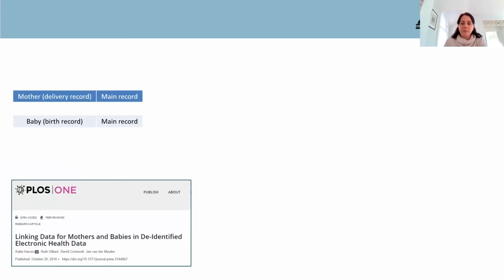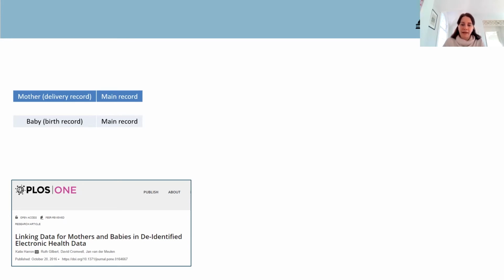For linkage of mothers and babies, we had an additional problem because we didn't have access to identifiers. And even if we had as researchers, it wouldn't necessarily have been helpful because a mother's NHS number is different from a baby's NHS number. So you can't use the mother's and the baby's identifiers to link between records.